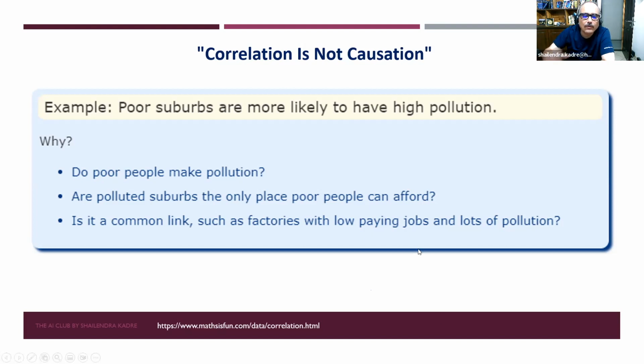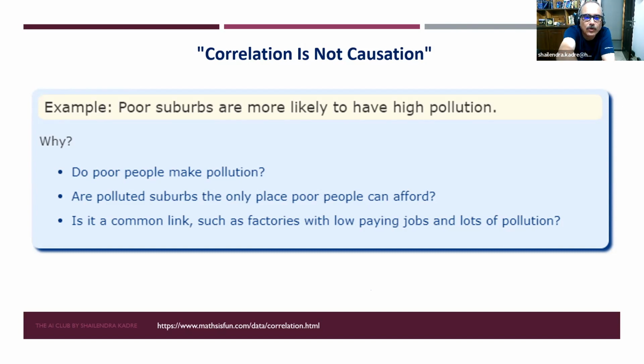Okay, guys. What I meant to say is, if X is increasing, that doesn't mean X is causing an increase in Y. Understand? If X is increasing and Y is increasing, it doesn't mean that the increase in X is causing the increase in Y. There may be some other reason because of which both are increasing. Like poor suburbs are likely to have more pollution.